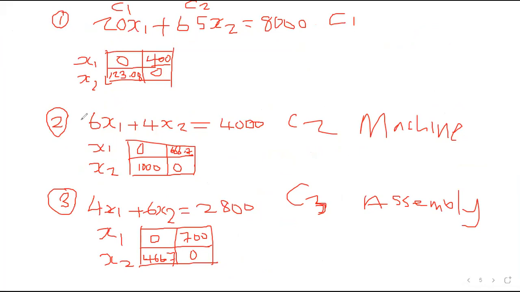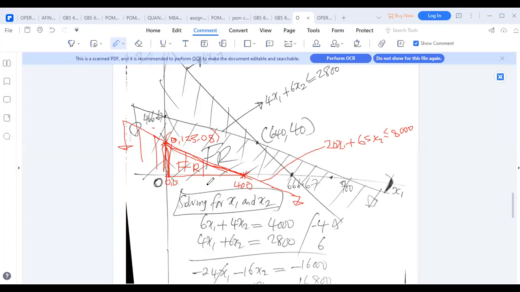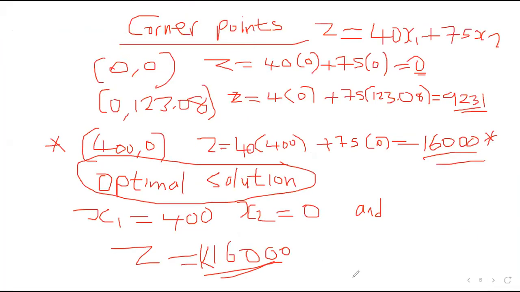After looking at this, we are supposed to find the corner points of the feasible region, which is a region where all the shadings converge, meaning they come together. So from here, we are simply saying that the optimal solution is given by 16,000.